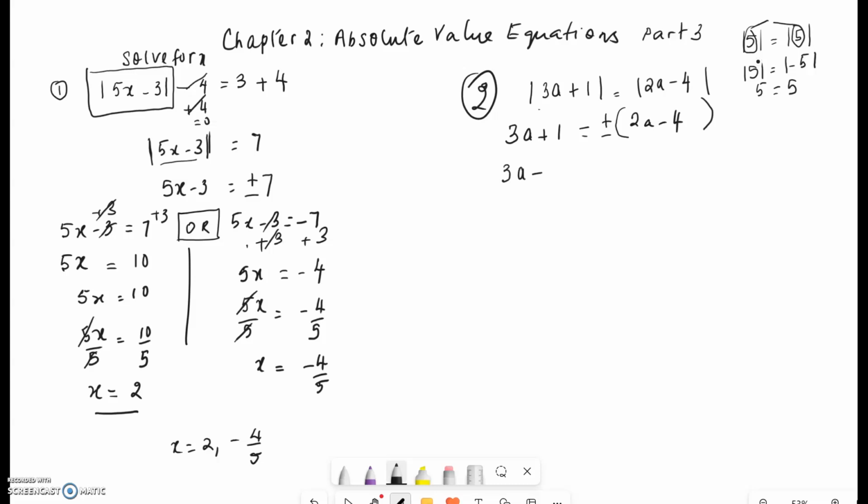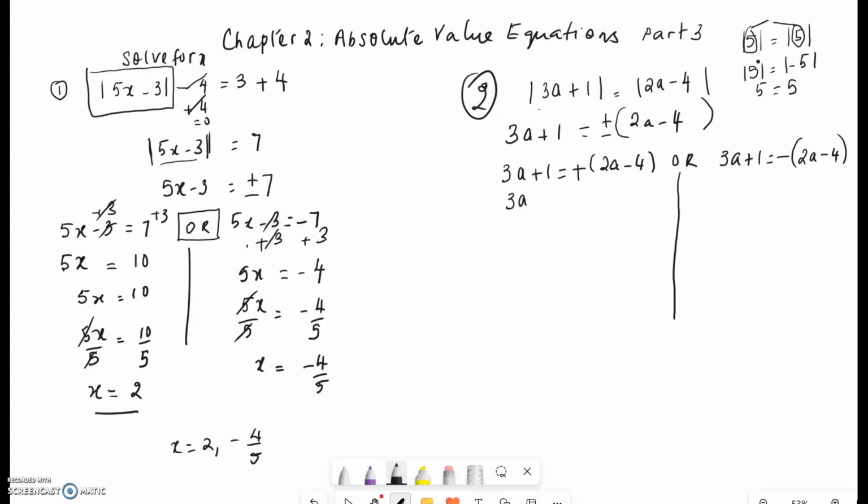So 3a plus 1 could equal positive 2a minus 4, or 3a plus 1 is equal to the negative of the quantity, make sure you have parentheses, 2a minus 4. And now if you solve these two equations, you get the two values of a.